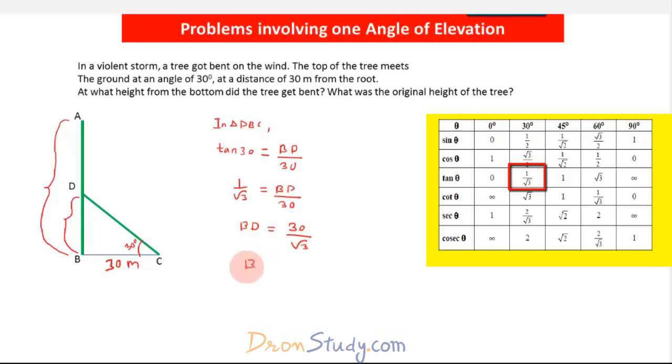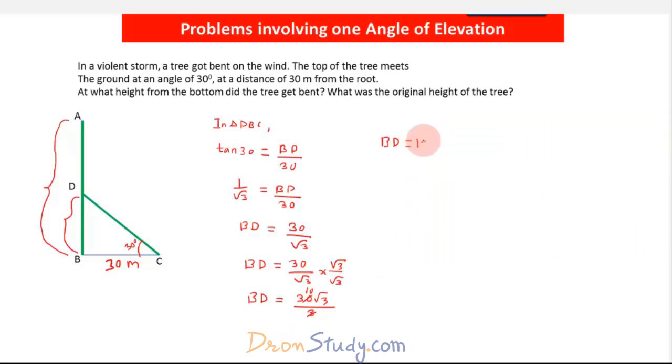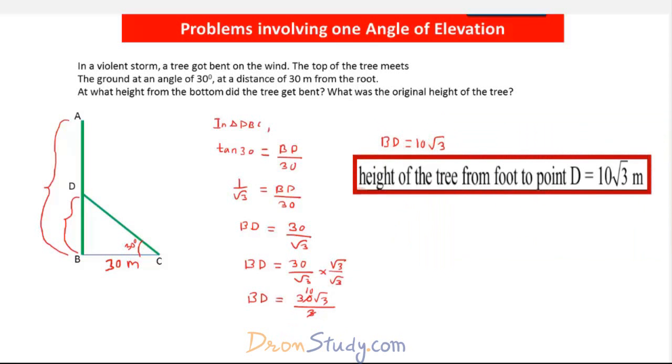So BD is equal to 30 root 3 upon root 3 into root 3, which is 3. 3 tens are 30, and therefore BD is equal to 10 root 3. So the height of the tree at which it bends is 10 root 3 meters.